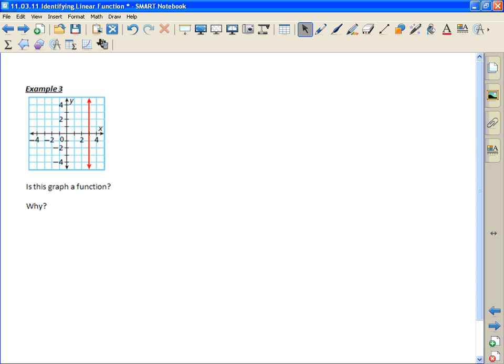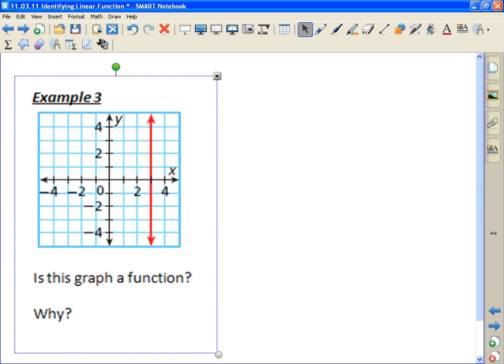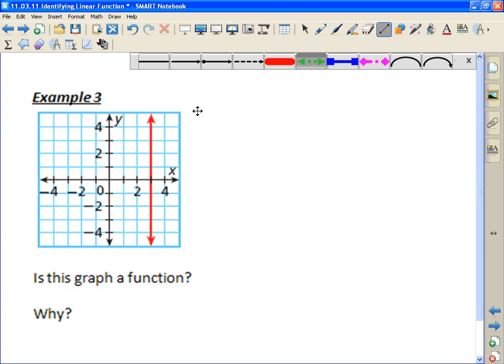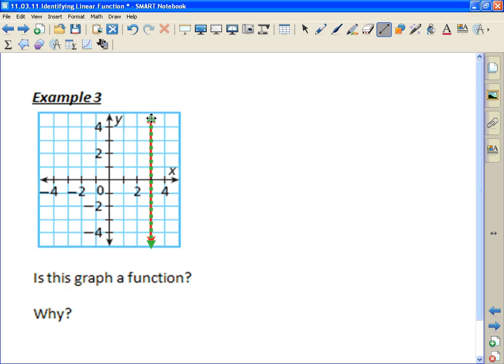Then with example 3, when I draw a vertical line, I can draw it right on top of it. So it's not a function.